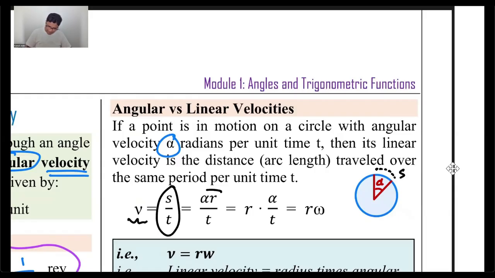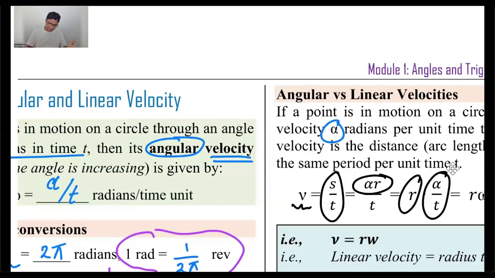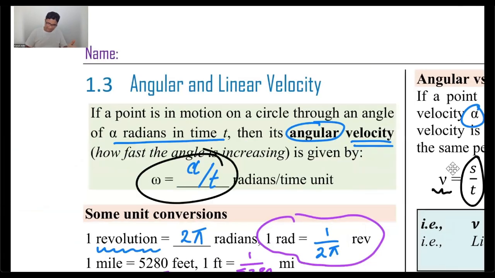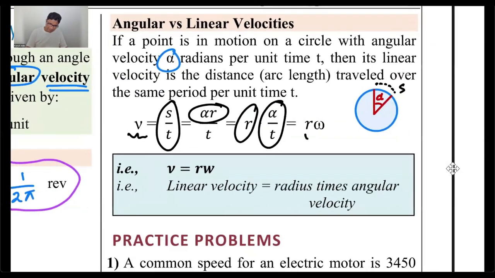We know the arc length formula, S is alpha r, so alpha r over t. Then you isolate that r, and we are left with alpha over t, which is the definition of your angular velocity, hence r omega. So V equals r omega as your equation.